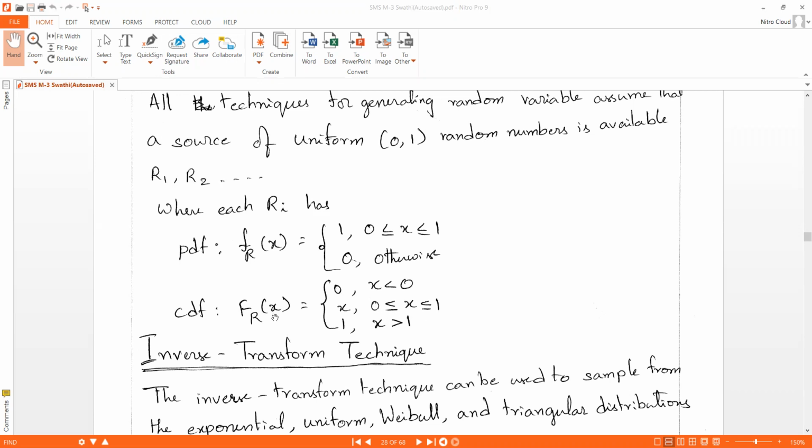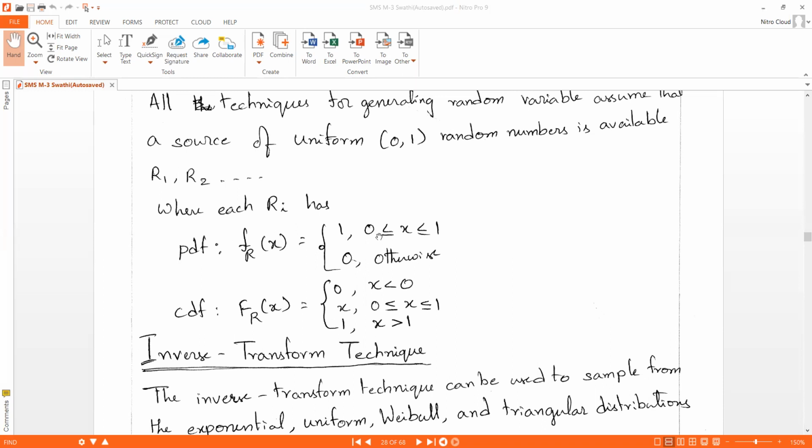And F_R(x) is equal to 1 if x is greater than 1. Understood, right? Ri is the set of random numbers, and its PDF is calculated by using this.